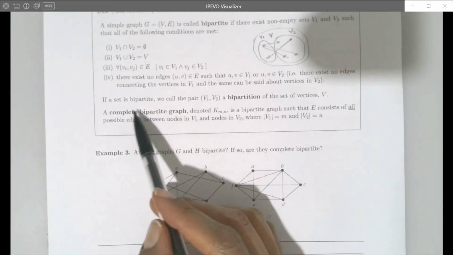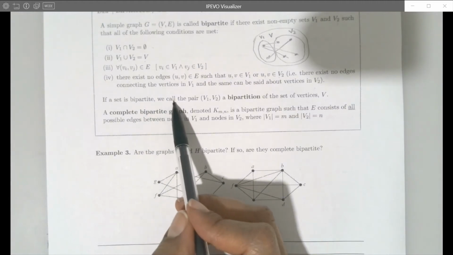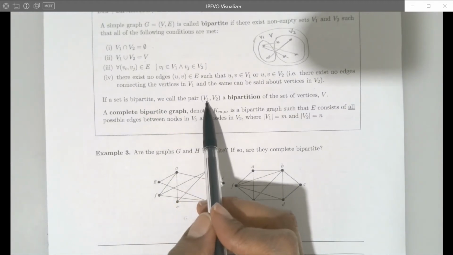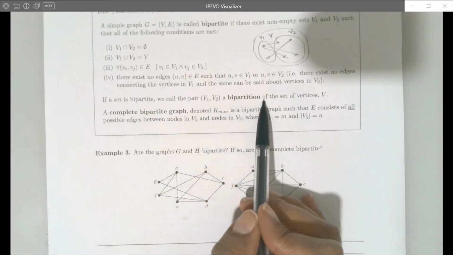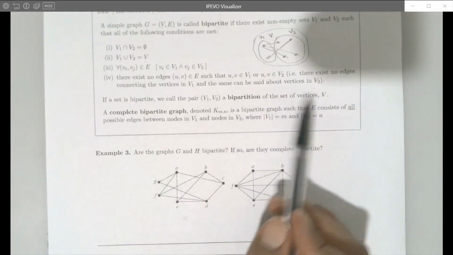If a graph is bipartite, then we call the pair V1, V2 a bipartition of the set of vertices.